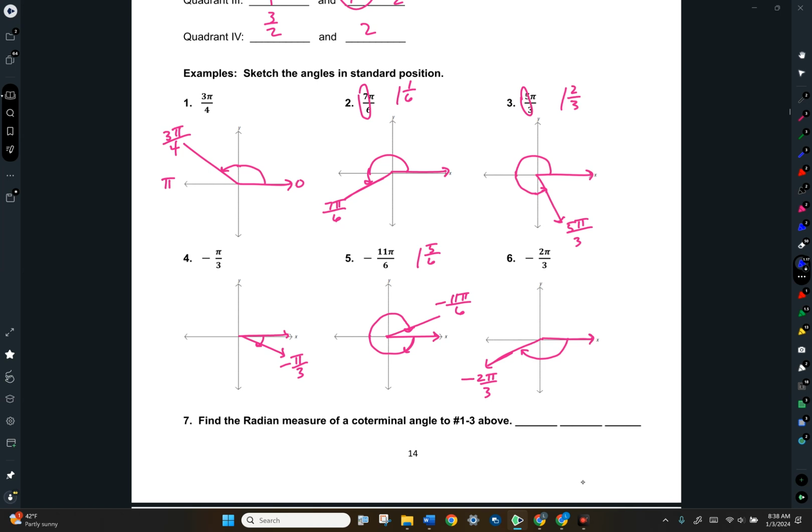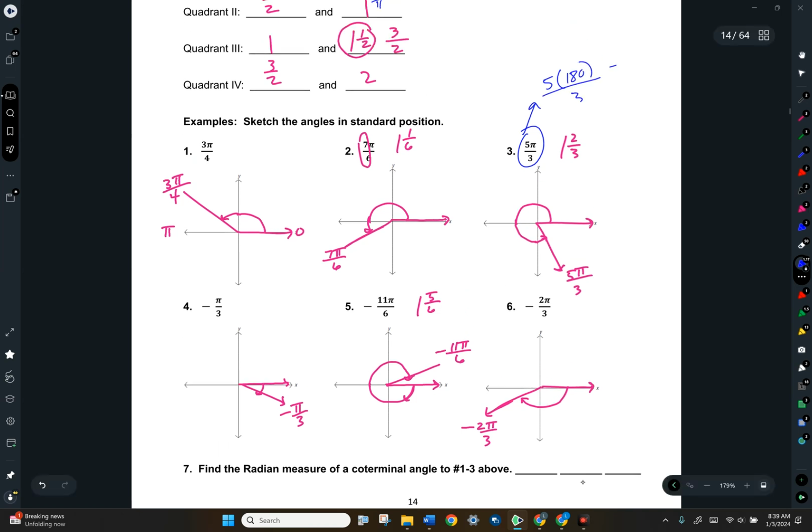Now, I know you're thinking through fractions, so this is requiring some thinking, but doing it this way is in comparison to having to change it to degrees and then go from there. So for example, on number 3, if I'm not doing this fraction method, I'm thinking to myself, okay, 5 pi over 3, 5 times 180 over 3, and if I simplify, 3 goes into 180, 60, so 5 times 60, so it's actually 300 degrees.